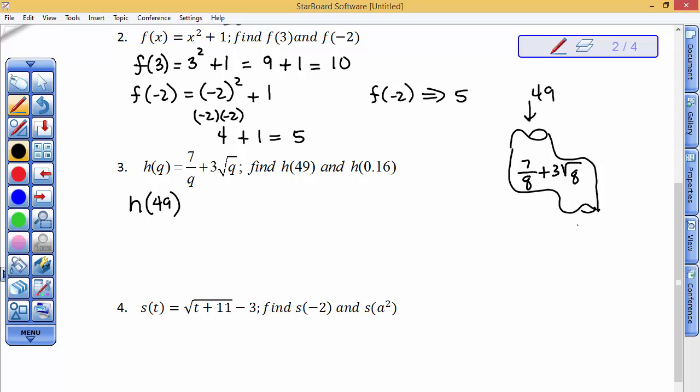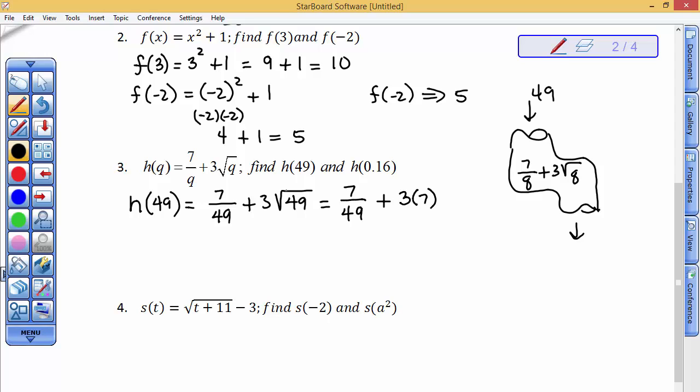So here, 7 divided by 49 plus 3 times the square root of 49. Now some of this I can do without a calculator, but here's a decimal value for an input, so probably they just want me to use a calculator to do this. I could do it in one fell swoop, or I could think about the fact that the right hand side, 3 times the square root of 49 means 3 times 7, because the square root of 49 is 7.